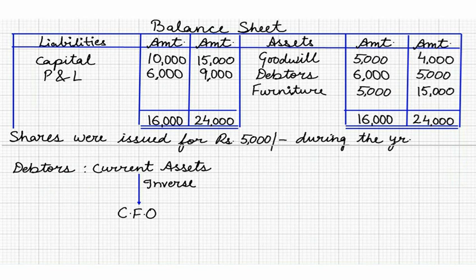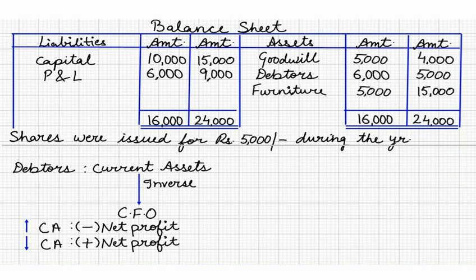If there is an increase in current assets, it will be deducted from the net profit for the purpose of calculating cash from operation. If there is a decrease in current assets, that will be added to the net profit.